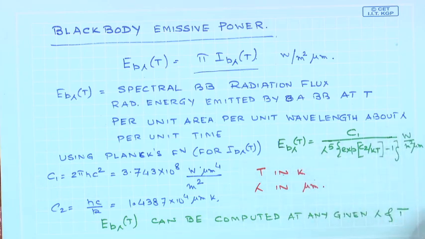I use the word spectral here purposefully to stress that the blackbody radiation intensity will also depend on the wavelength at which we are measuring the radiation flux. So, all these are strongly dependent on the wavelength.